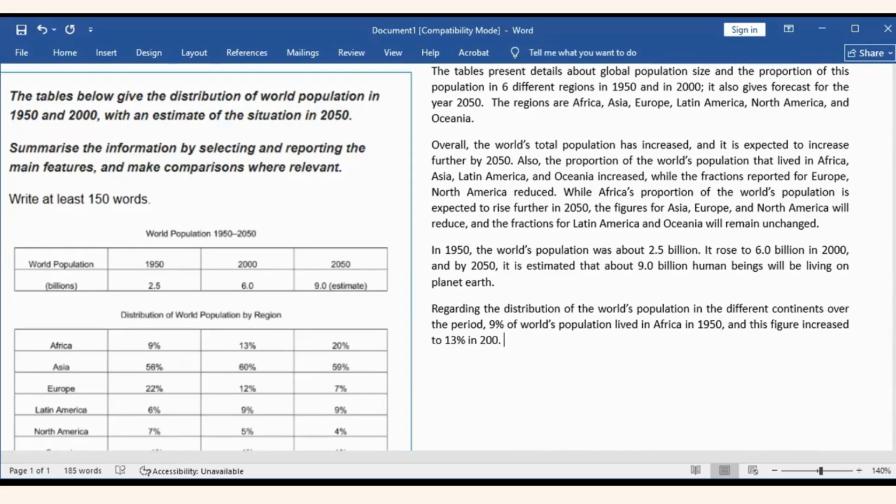And this figure increased to 13% in 2000.